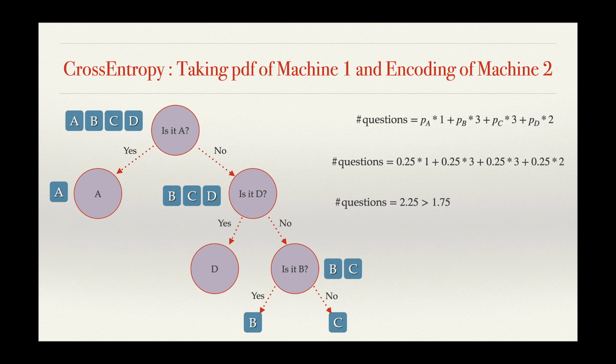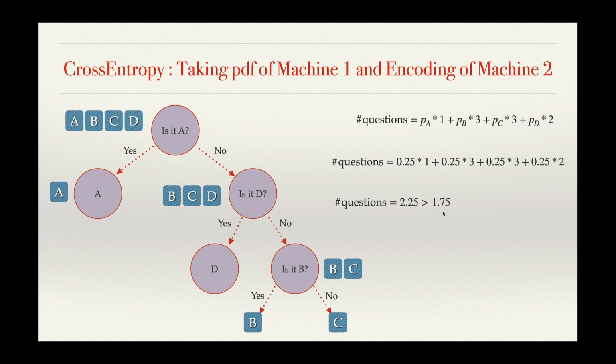So, for example, this is our entropy tree or schema for machine 2. If we now use the distribution from machine 1 with the schema of machine 2, we end up with a higher uncertainty than the original uncertainty we had for machine 2, which is 1.75.